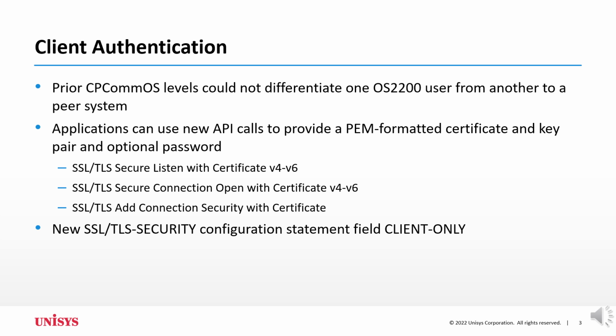If you set the client-only field to yes, CPCommOS does not require a certificate and key pair on the configuration statement. If you specify yes and do not provide a certificate and key on the configuration statement, or using the new API procedure calls mentioned previously, CPCommOS cannot send a certificate if the server requests one. If you set the client-only field to no, the default, a certificate and key pair must still be configured on the configuration statement.